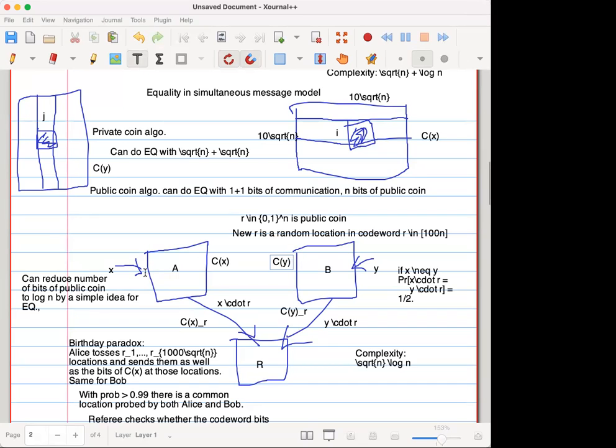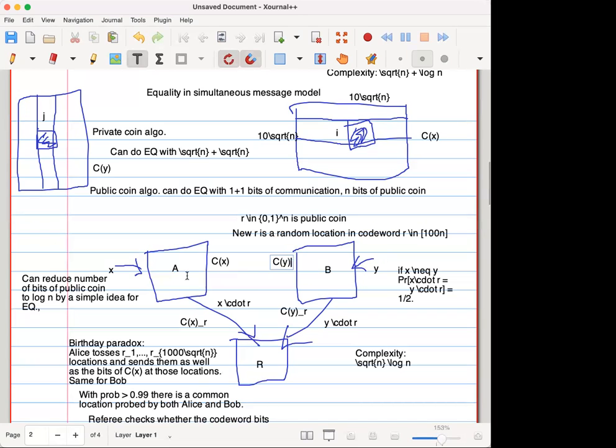Distance means that if x is not equal to x prime, cx will disagree with cx prime in 1% of the locations, so in n out of 100 n locations. There are error correcting codes with constant rate and constant distance. This is a non-trivial result from coding theory. Let's believe in it for now.